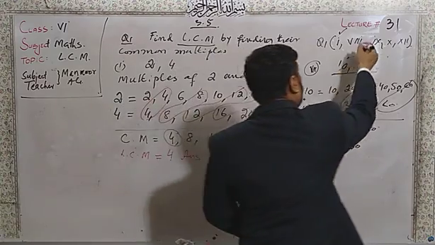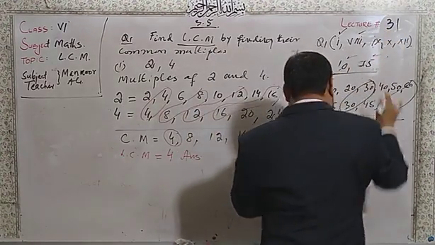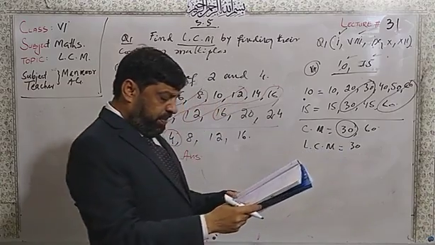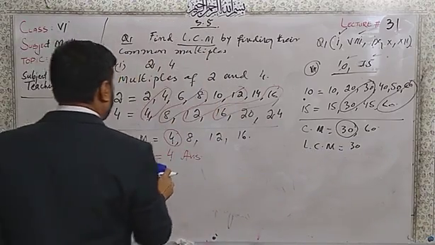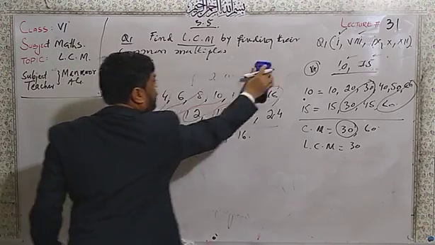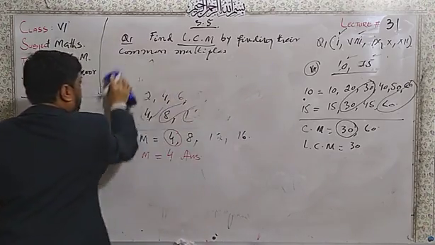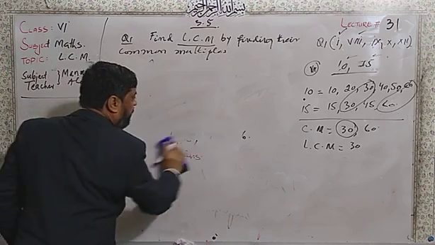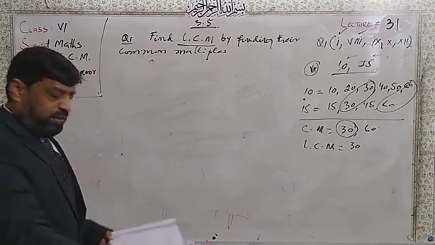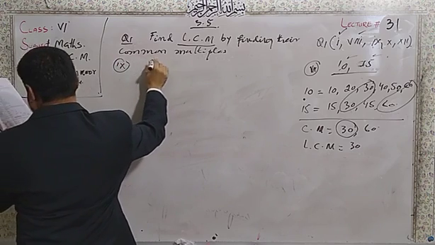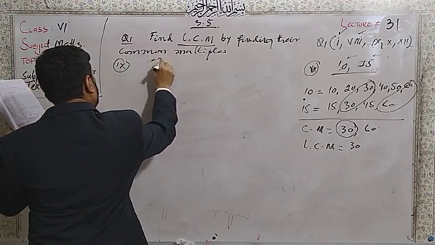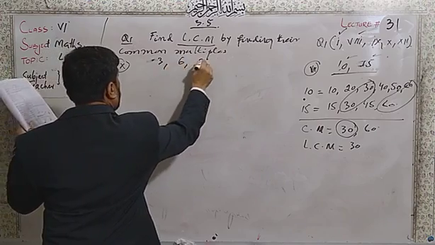Similarly, this ninth part is done. In part number 9, we are given 3 values like this: 3, 6, 9.